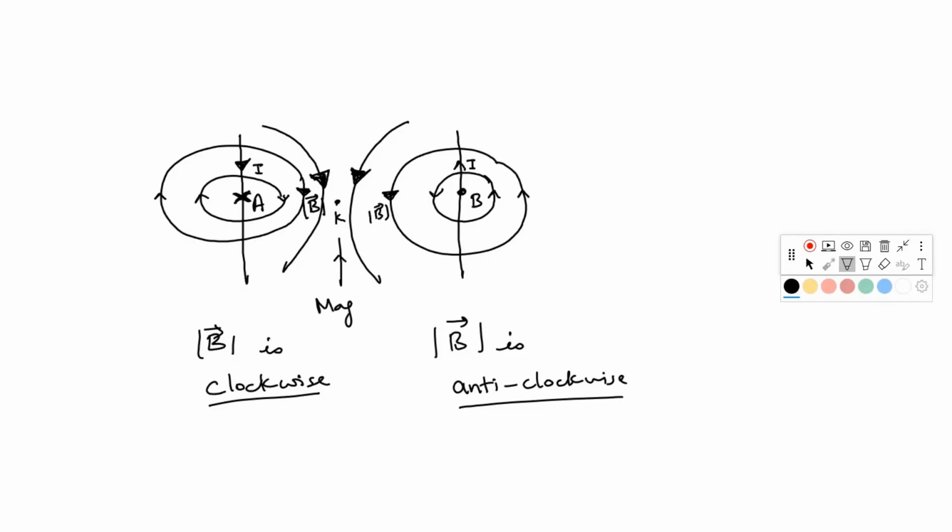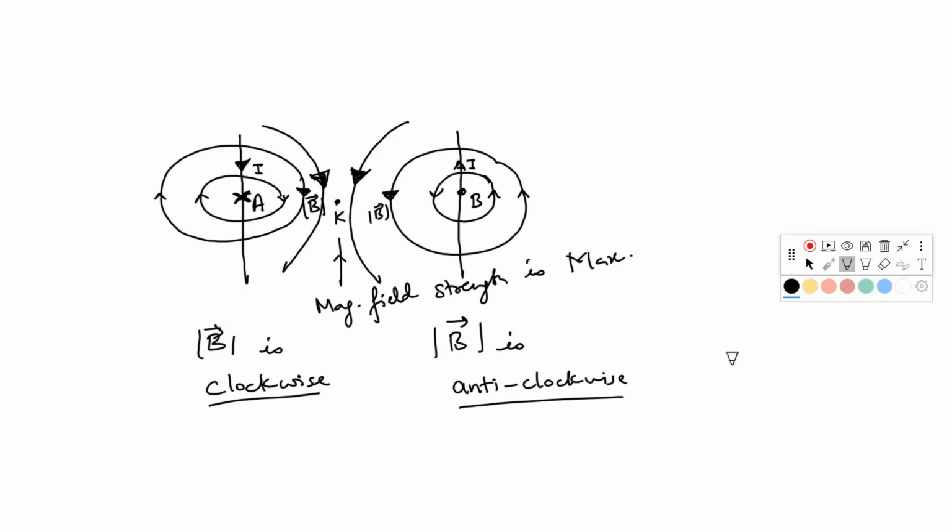So magnetic field strength will be maximum between the two straight current carrying conductors if direction of current in both of them is opposite. So magnetic field is strong. It will be strong if the conductors are very close. In fact, if conductors are far away, then the field will be mild.